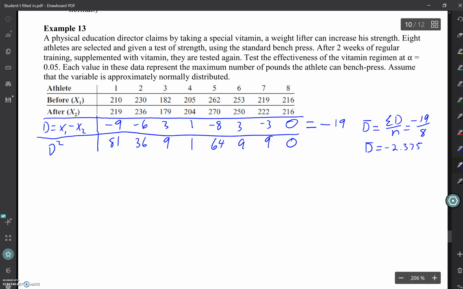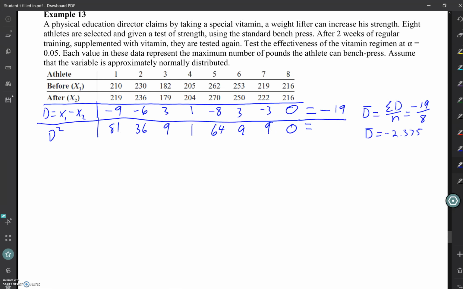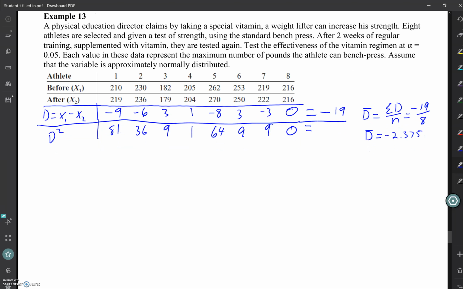I'm squaring all the values in the first set of blue. But the standard deviation says that you need the sum of that row as well. So let's add up all those squared numbers and see what we get. This is going to help me find the standard deviation and the variance.